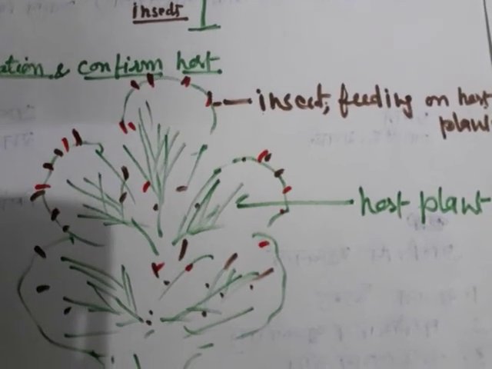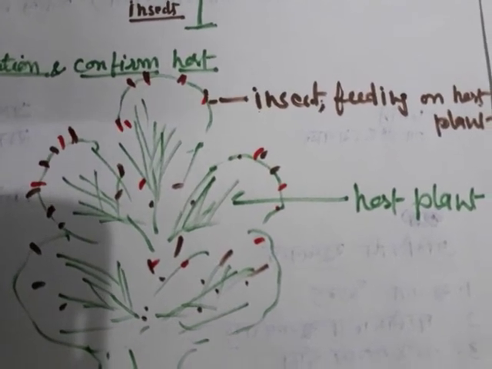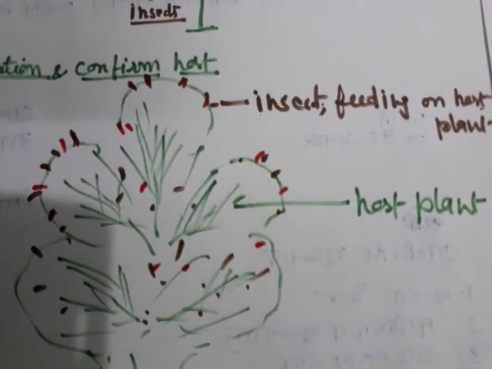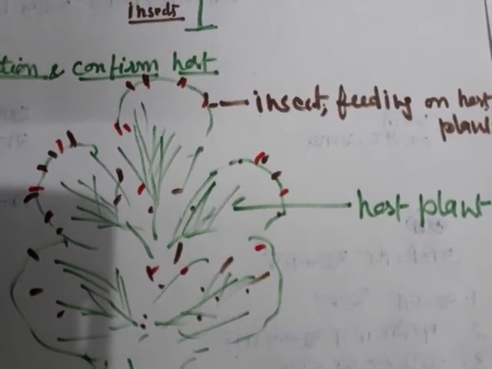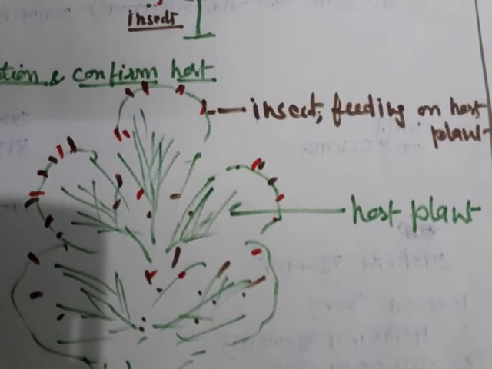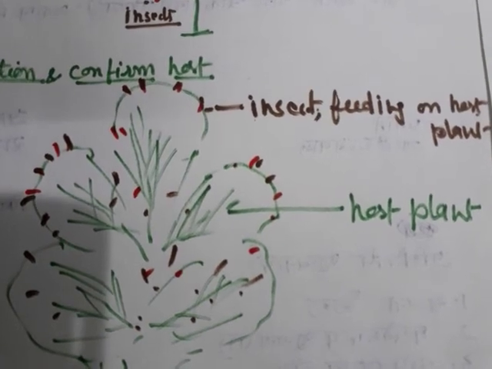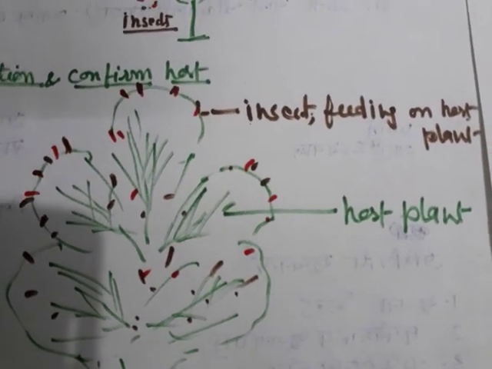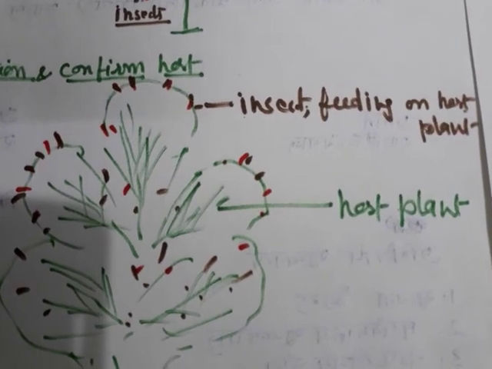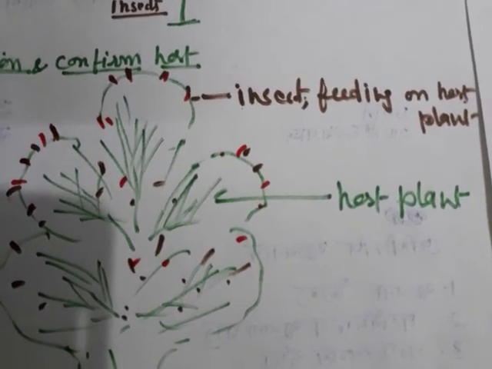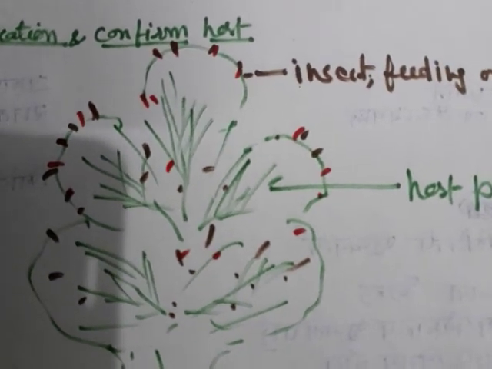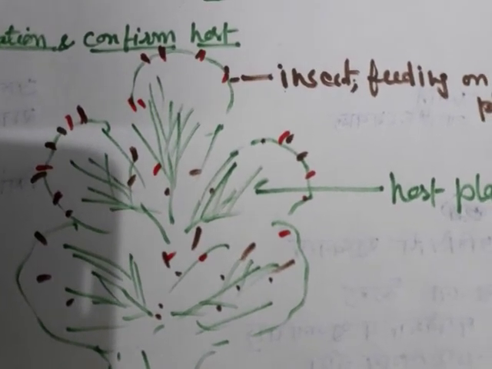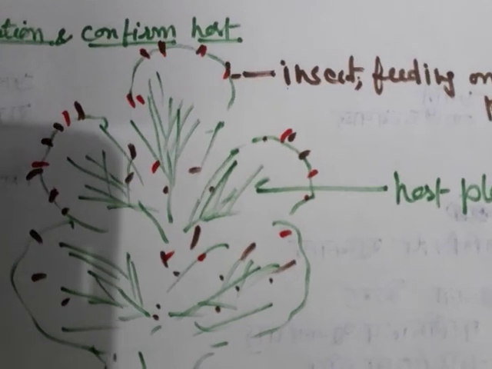First, they can feed on plants and harm the plants. They can be vectors of plant diseases and insects can cause phytotoxemia, but they are also good pollinators and pollinate the flowers.